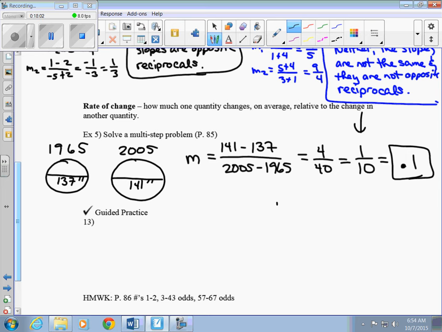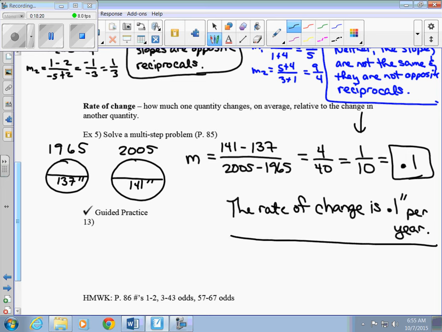So this was the slope, or the rate of change, is 0.1 inch per year. So it changes 0.1 inches every year. So it gets that much bigger.